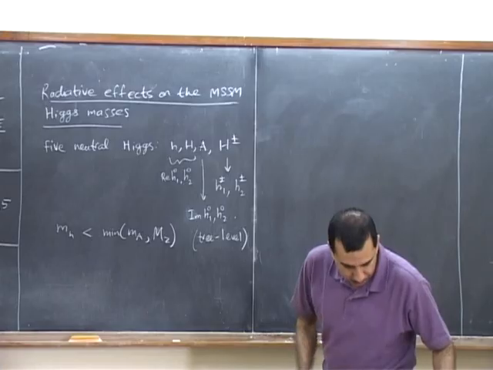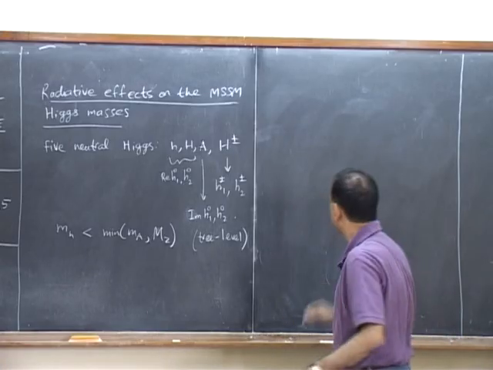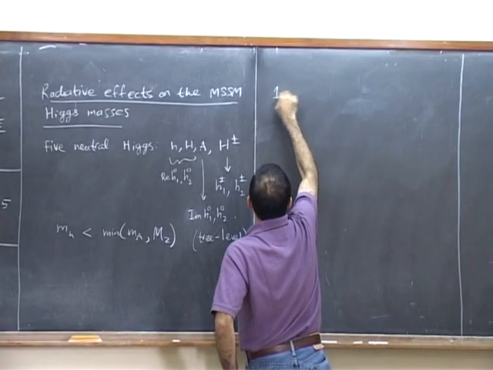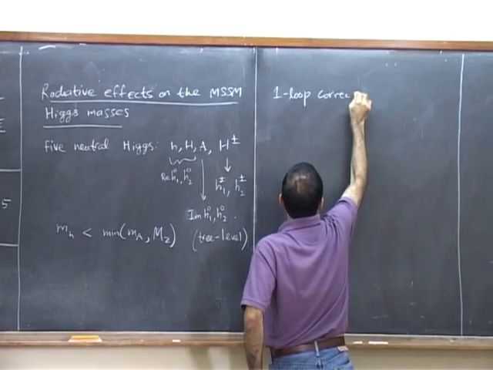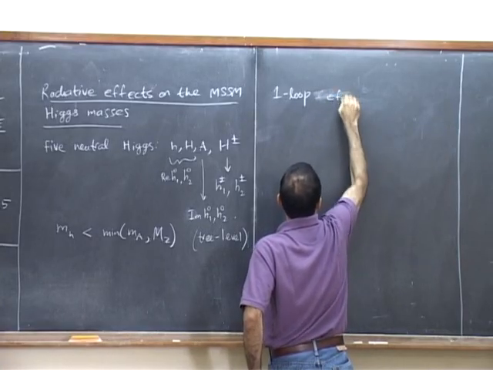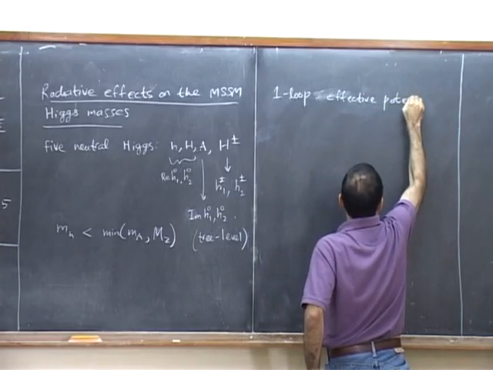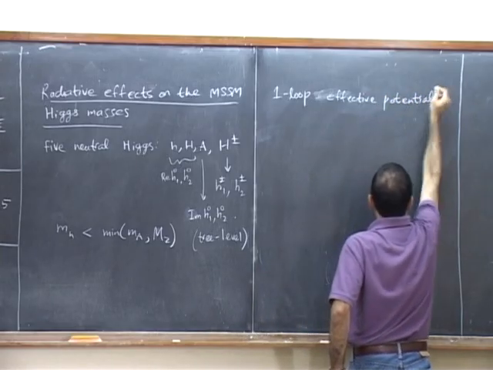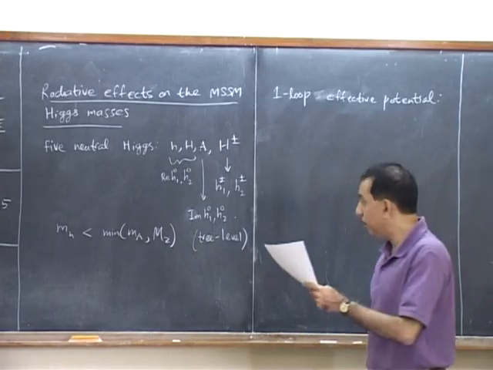Now for loop corrections, of course we are going to do 1 loop only. So the only object we are interested in here is the 1 loop effective potential, and I mentioned last time, I think that's where I stopped, that the 1 loop effective potential has a sort of universal form.